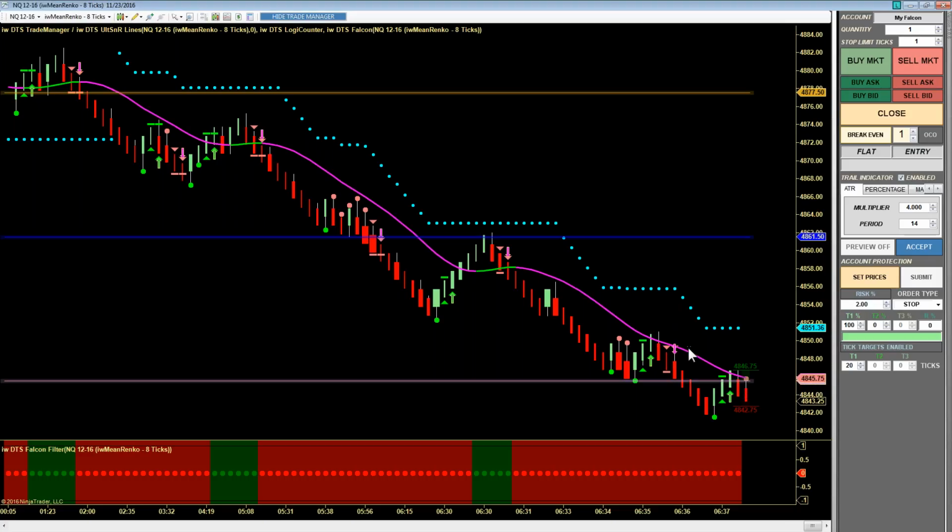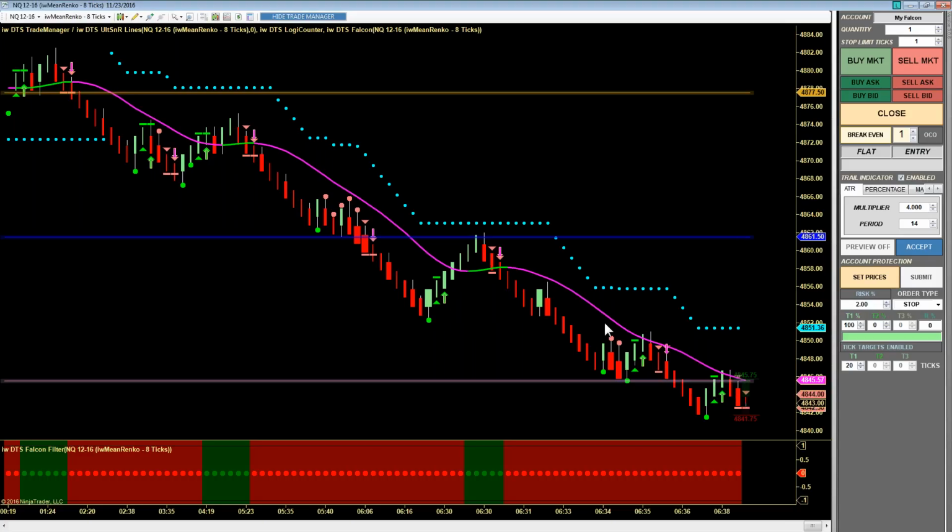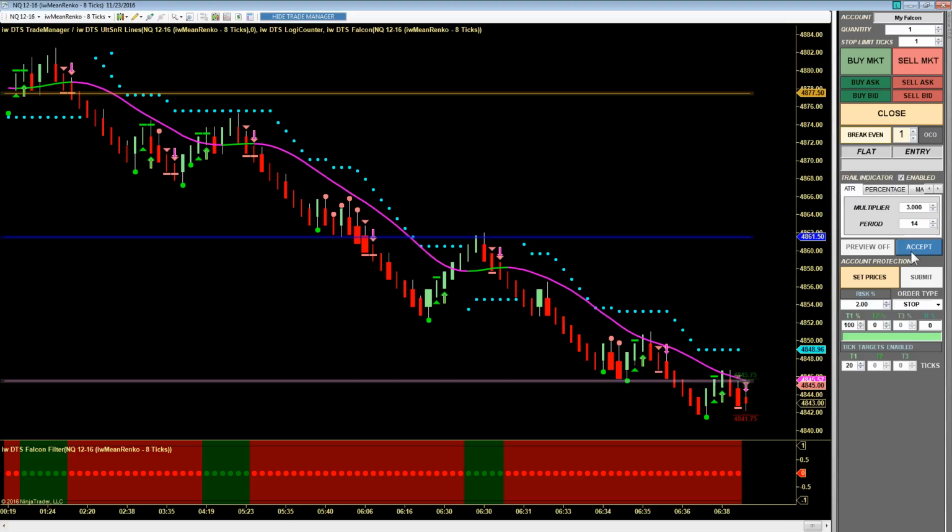Now, a lot of people ask, well, what stop strategy should I use? You've got 16 of them. Honestly, it's not that difficult. What I do is I look at whatever stop strategy seems to be fitting the market this day. So right now, if I open up my chart and I put my ATR strategy on there, and let's say I want to go with a 3-period ATR, and I take a look at how my signals are printing.